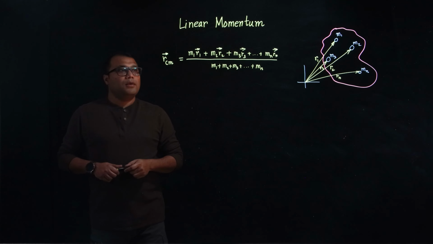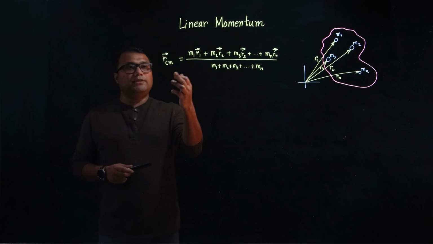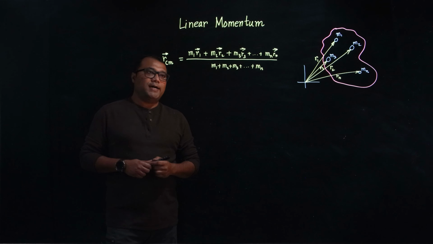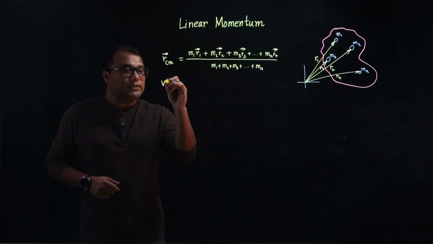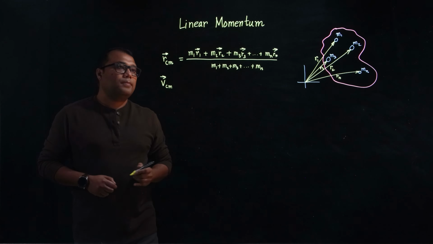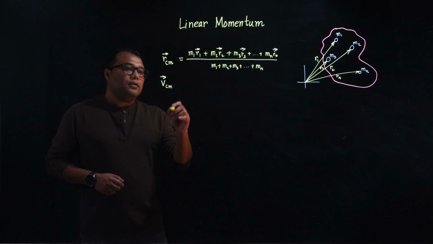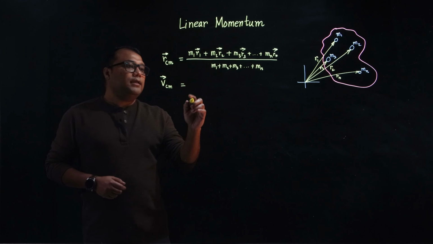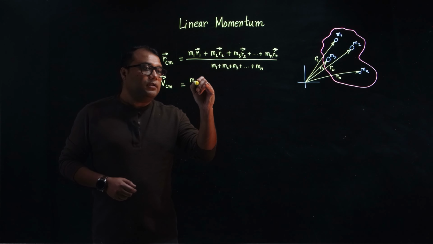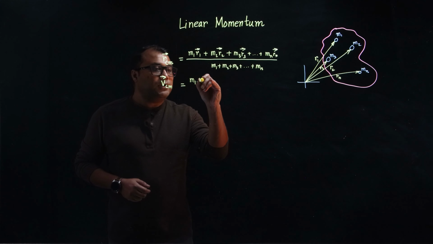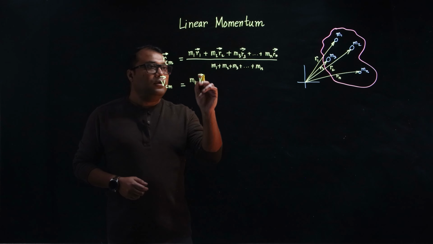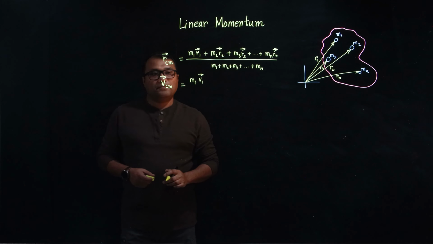Now, if we differentiate this with respect to time, then we get the velocity of the center of mass, and what we get on this side is m1 times the velocity of mass m1, rate of change of its position.